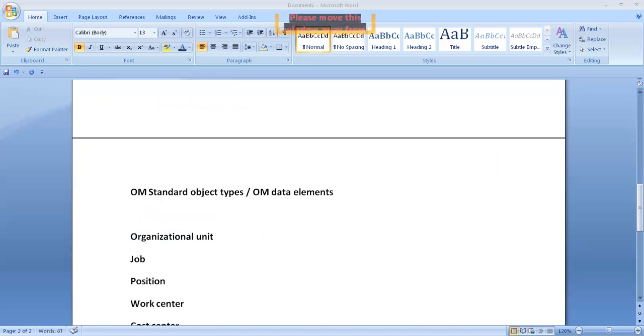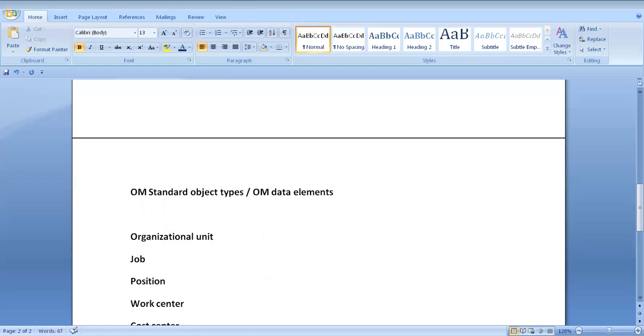It's nothing but a unit within the structure. It is nothing but the unit, an identical entity.